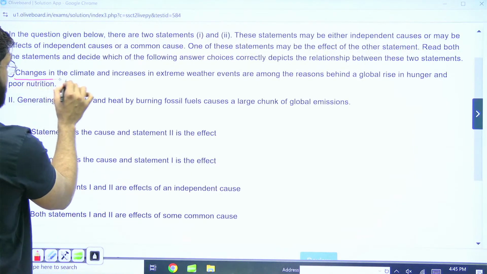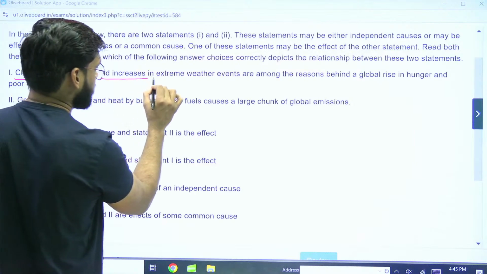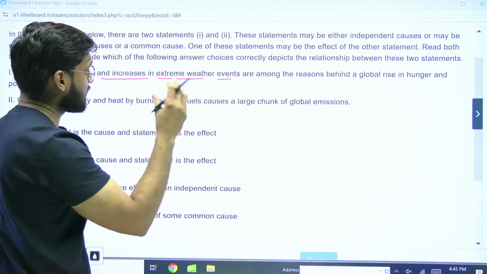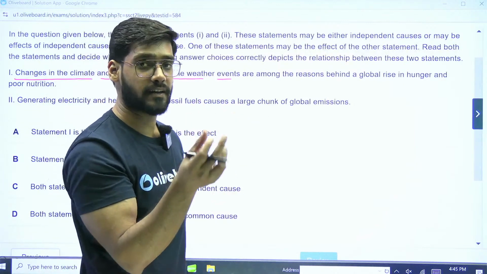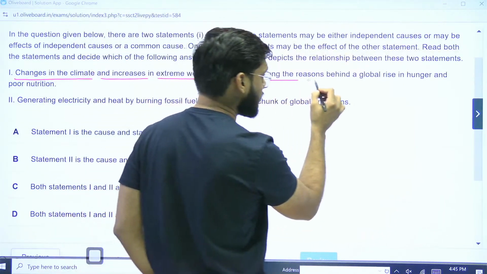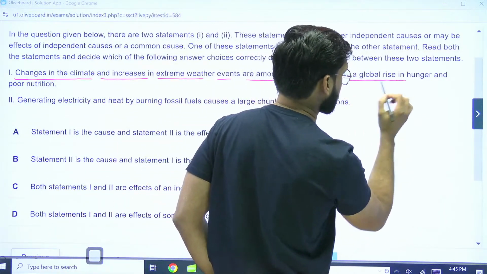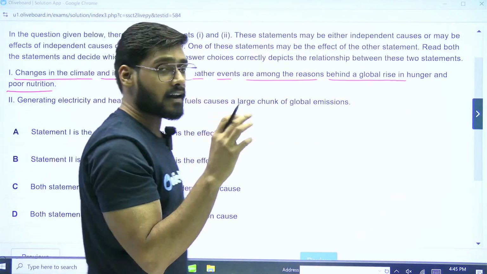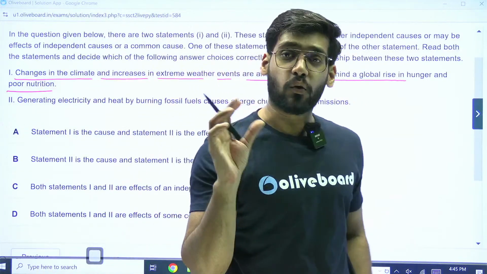Changes in the climate and increases in extreme weather events are among the reasons behind a global rise in hunger and poor nutrition. These are among the reasons, not the only reason.